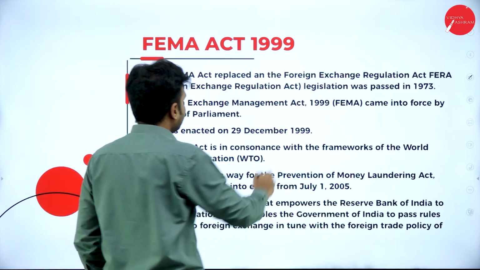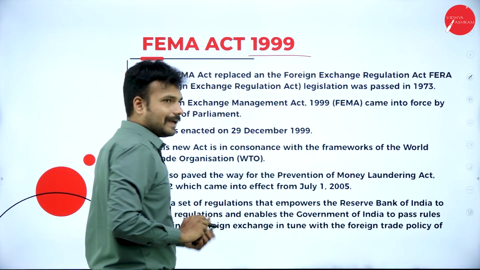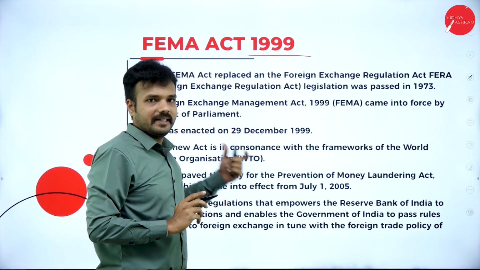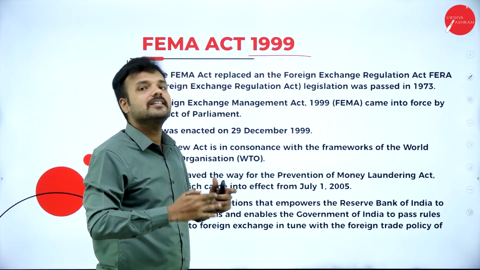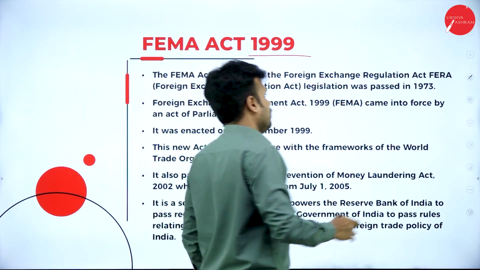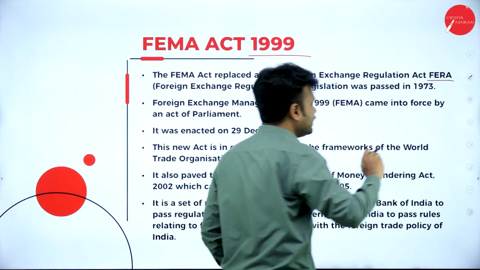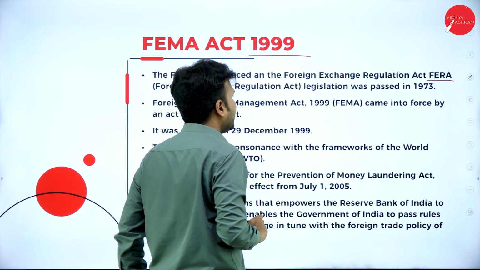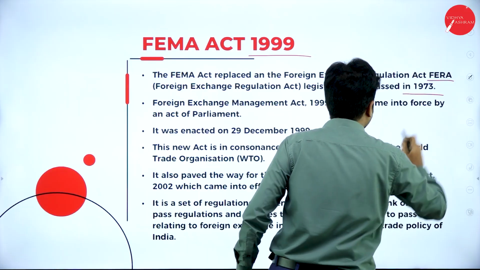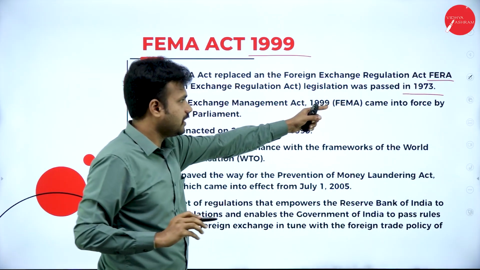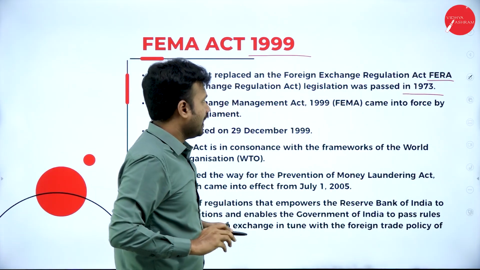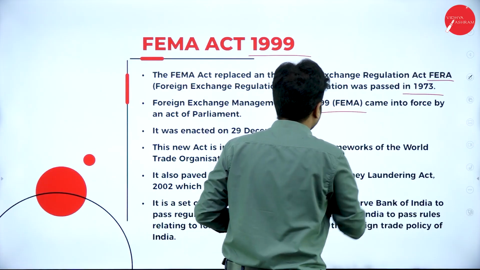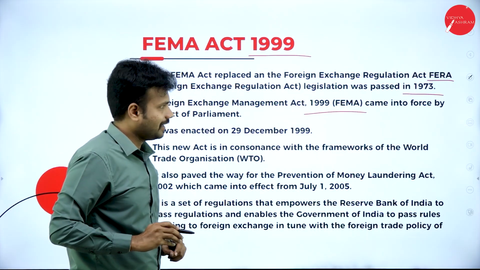FEMA Act 1999. In the earlier days, it was named FERA, Foreign Exchange Regulation Act, and later it was renamed FEMA, Foreign Exchange Management Act. The legislation was passed in 1973 and the FEMA Act came into existence in 1999.